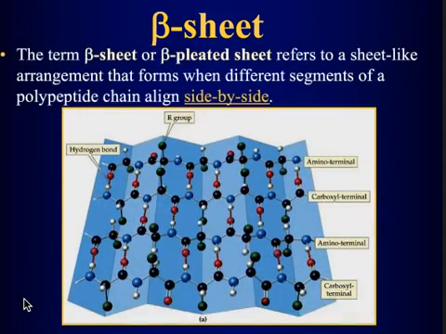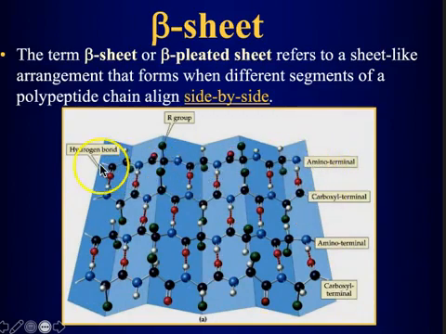This term beta sheet, or a beta pleated sheet, refers to a sheet-like arrangement that forms when different segments of polypeptide chains are laid side by side. So in these beta sheets, these kind of rotate back and forth here and interact with each other. So notice that here's our N-terminus and our C-terminus.